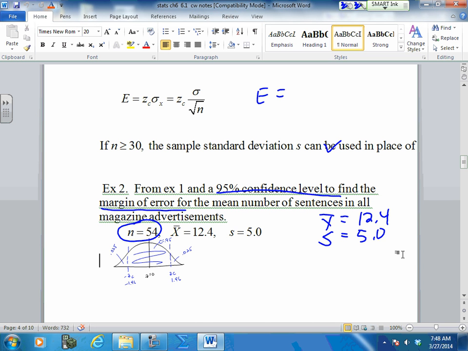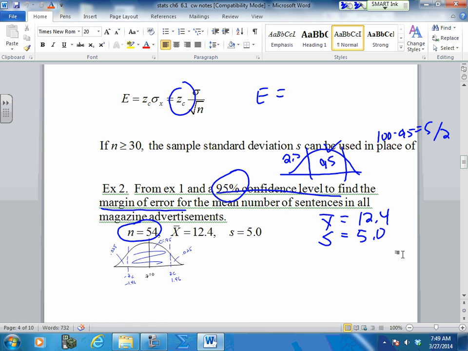We need our ZC. We want a 95% confidence interval. So if you don't have your chart handy, you take this. This is 95 in the middle. How much is left out of 100? 5. So just subtract this from 100, take 5 and divide it in half.